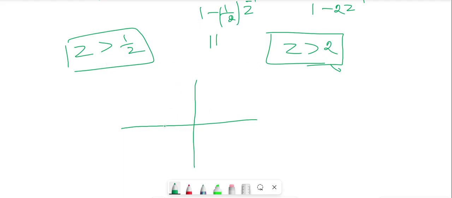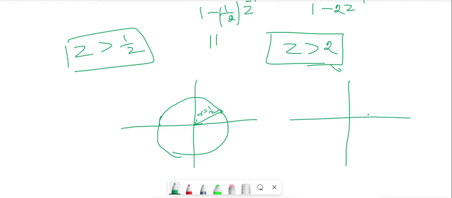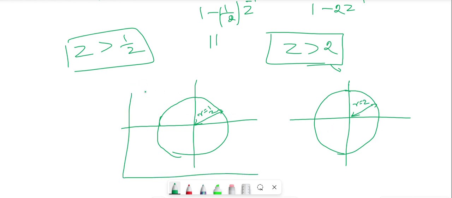So the second one. If I draw the first one, what is R? R is equal to 1 by 2. The second one, what is the R? This R is 2. R is equal to 2. So this is your ROC.